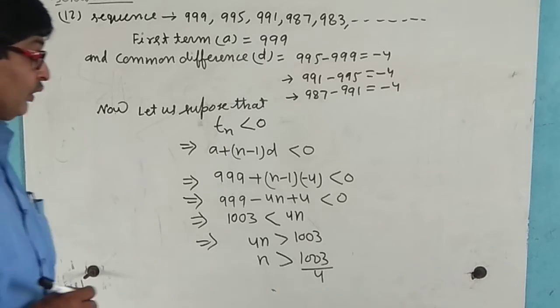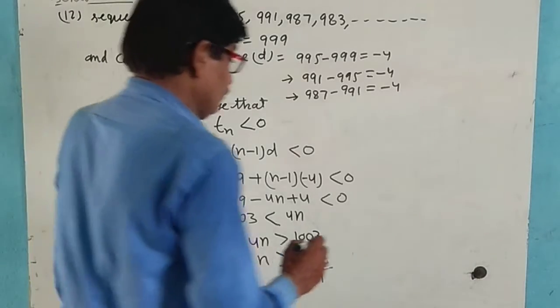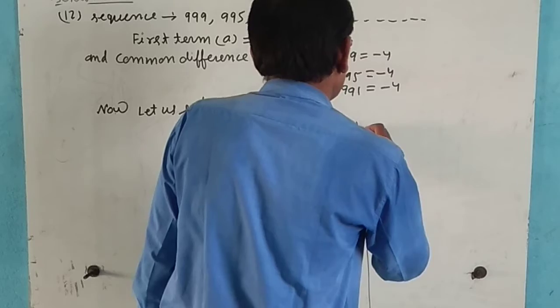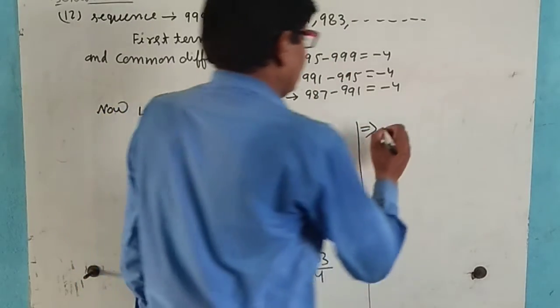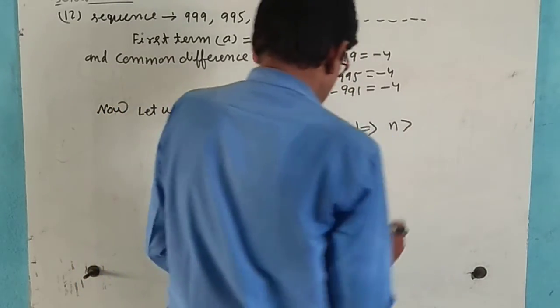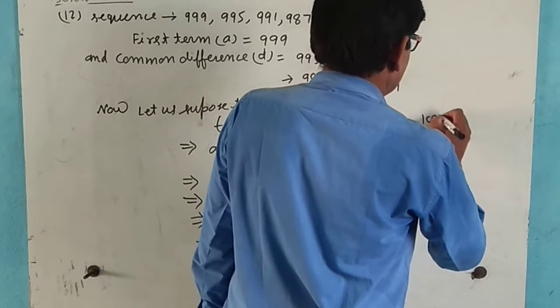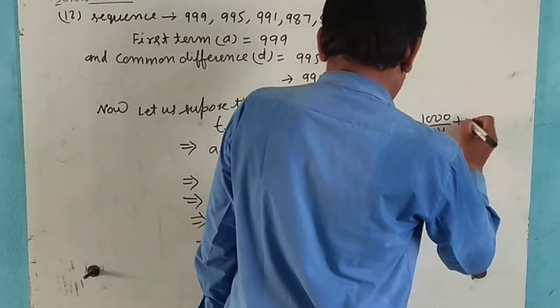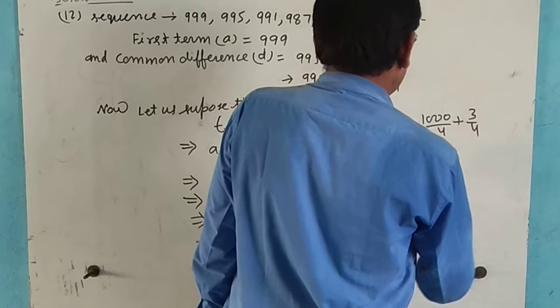This can also be written as n greater than 1000 by 4 plus 3 by 4.